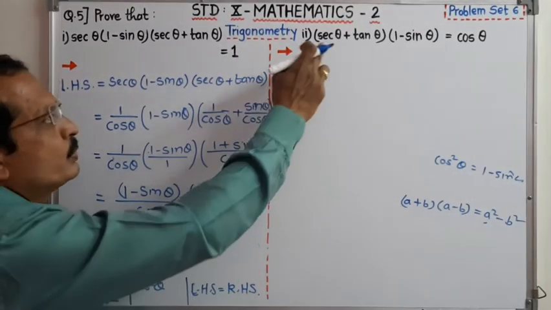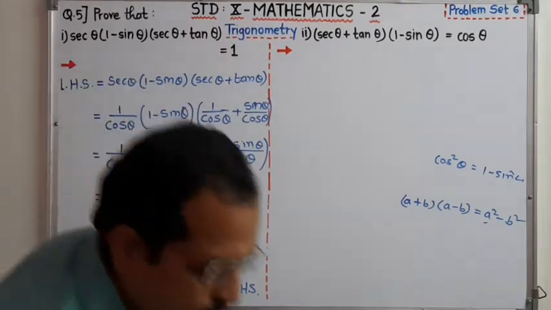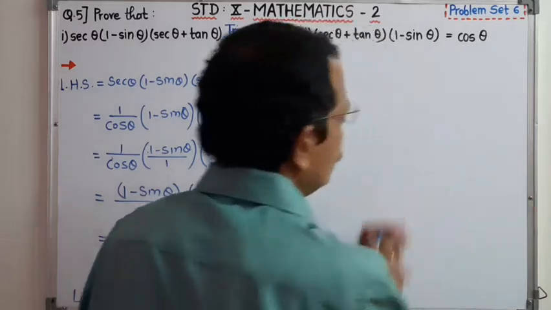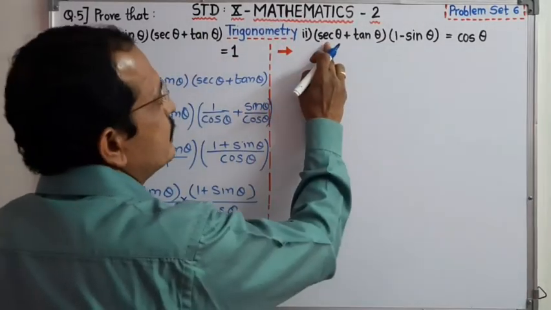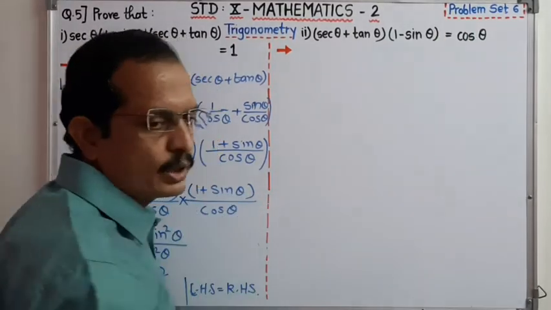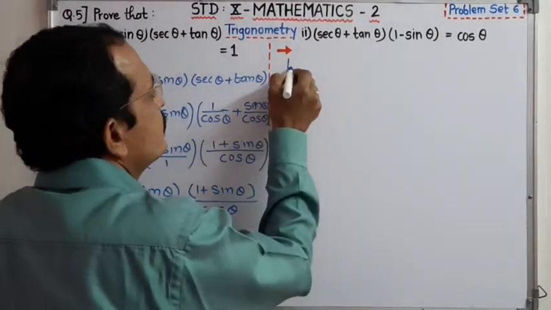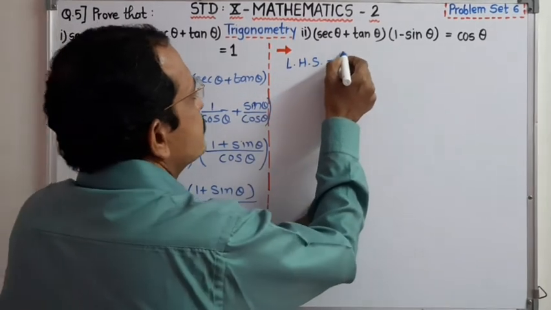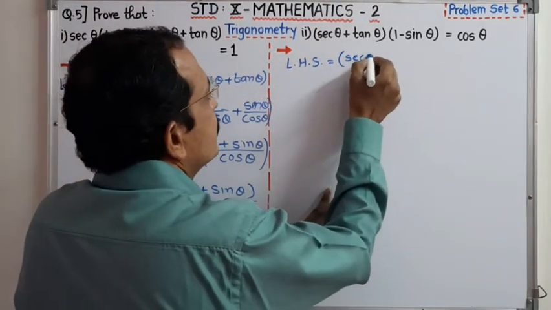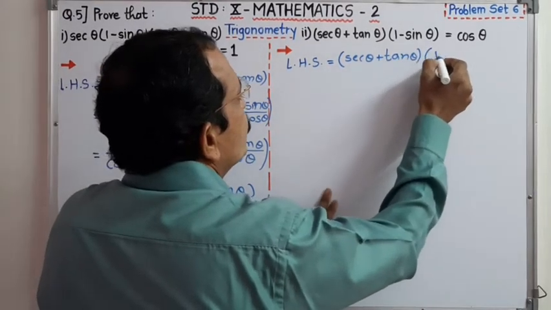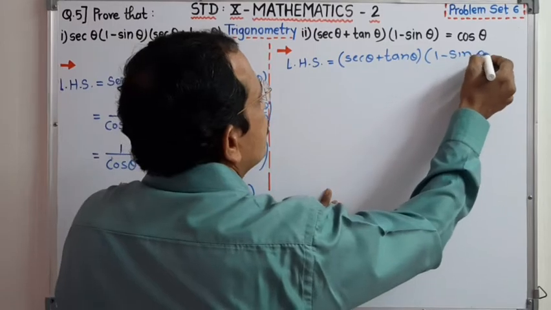Now we have to start with the second one. In this second sum, what we have to do? Here also we have to prove that (sec theta plus tan theta) into (1 minus sin theta) is equal to cos theta. Here LHS is equal to (sec theta plus tan theta) into (1 minus sin theta).